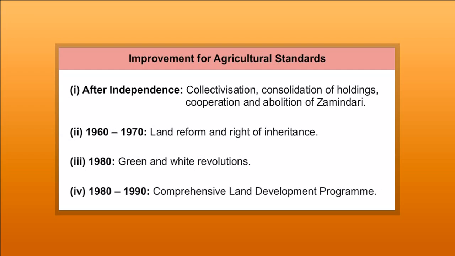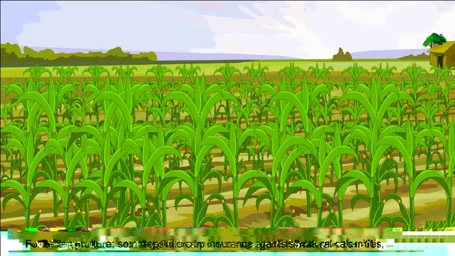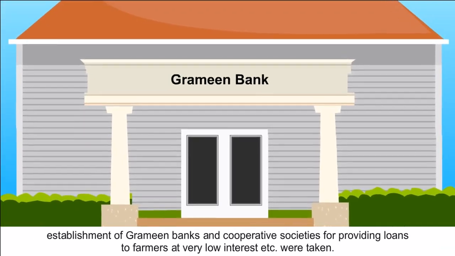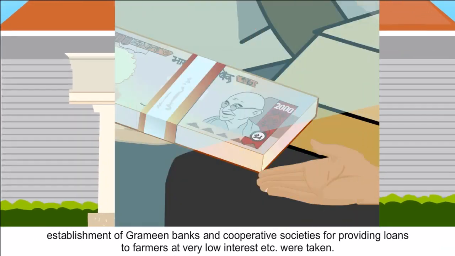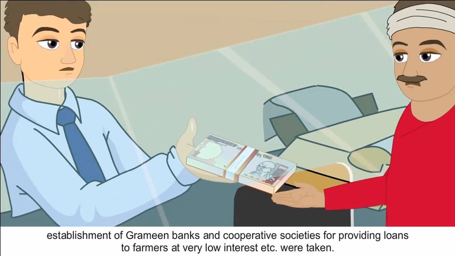A comprehensive land development program was initiated in 1980s and 1990s. For betterment of agriculture, some steps like crop insurance against natural calamities, establishment of Grameen banks and cooperative societies for providing loans to farmers at very low interest, etc. were taken.